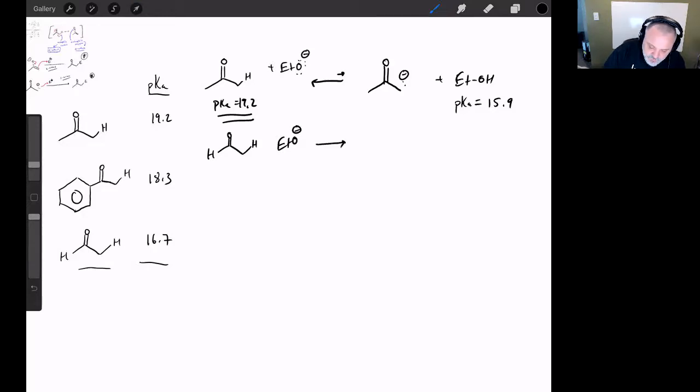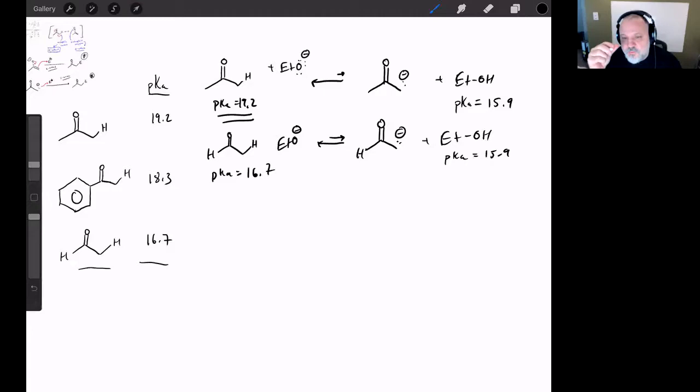Even under these situations, the equilibrium still favors quite a bit the ketone itself, because the pKa here is still 16.7, so it's still, as I said, almost 10 times larger, or less acidic.